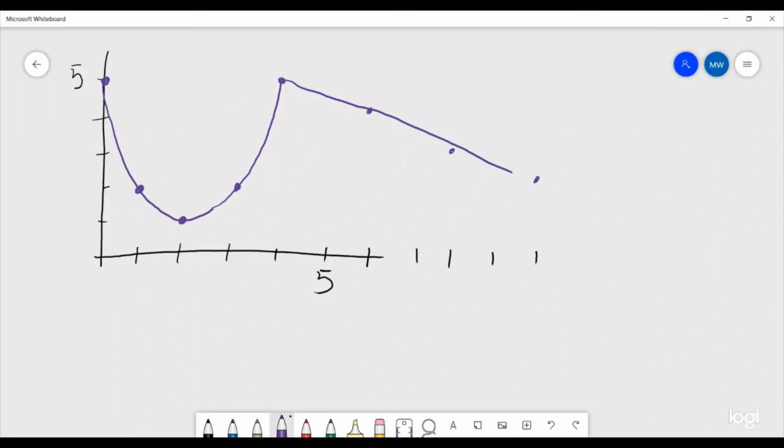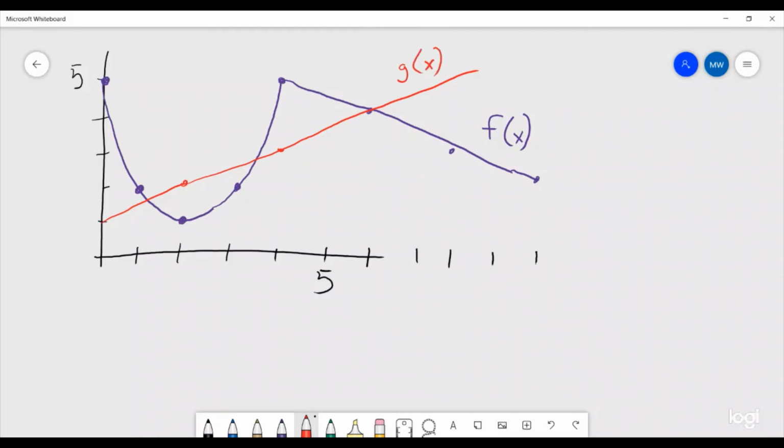So let's say that this is f of x. And then let's say that this, perfect, they intersect. Alright, and let's say that this is g of x.